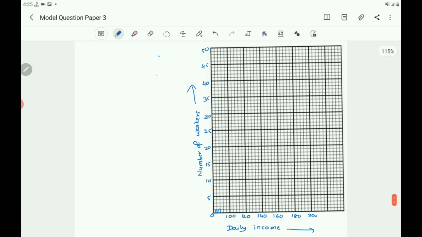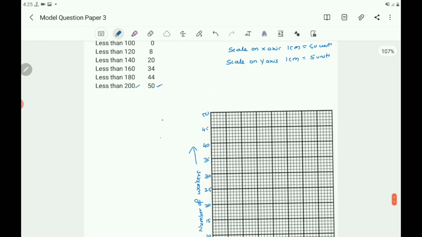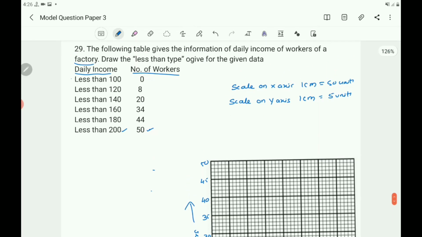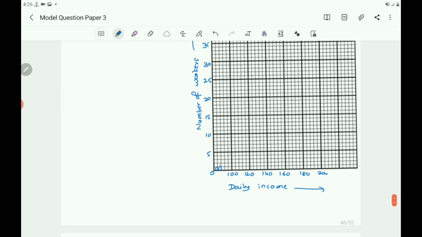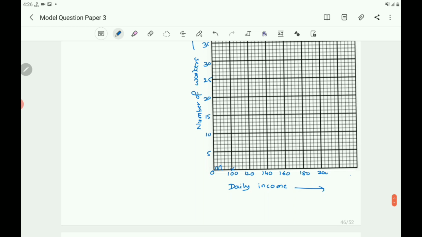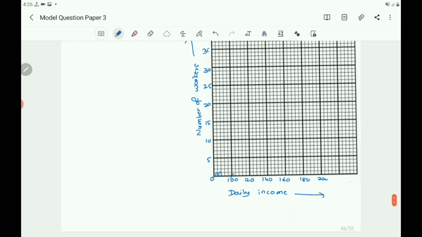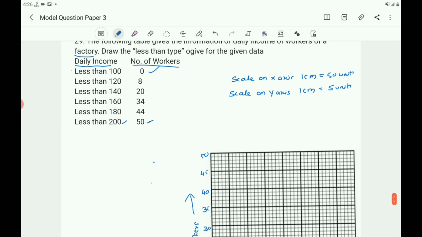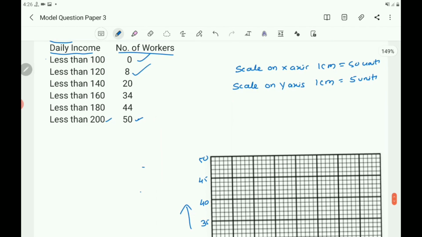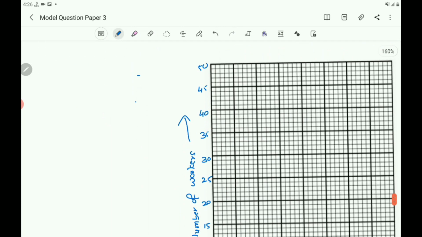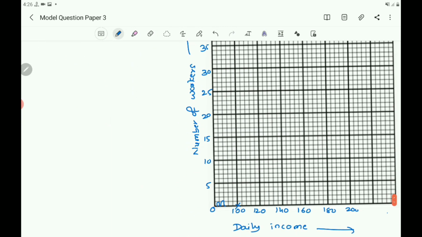Now let us mark the points here. First one is 100, 0. It comes here. The next 120, 8. 8 means 6, 7, 8 you can mark here.